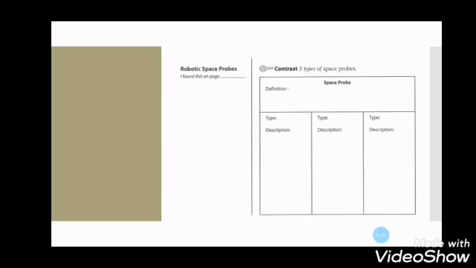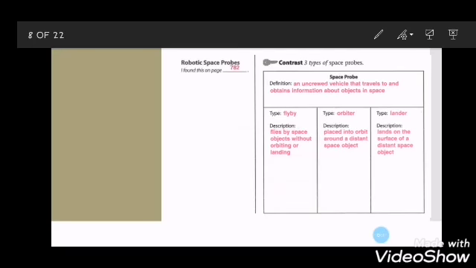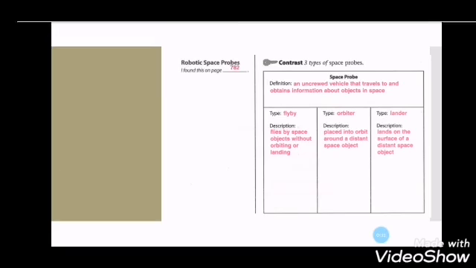Now, contrast three types of space probes. The answers are on page 782. First, the definition. It's an uncrewed vehicle that travels to and obtains information about objects in space. I have the flyby. It flies by space objects without orbiting or landing.